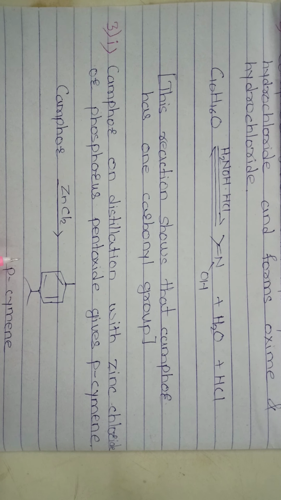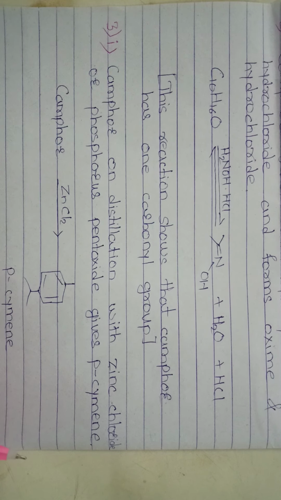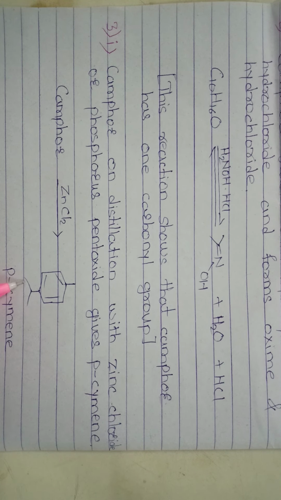This reaction shows that one ring in camphor is a 6-membered ring, and also shows that camphor has the paracymene skeleton. The methyl and isopropyl groups are at the para position to each other.